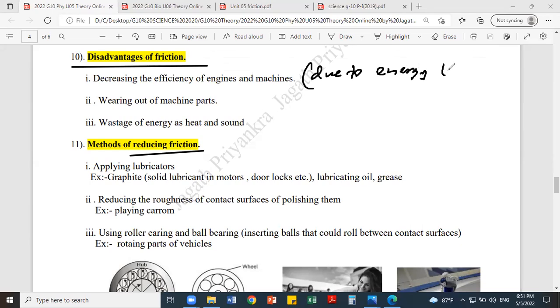I'll give one of the best examples. One of the best examples you can see is the vehicle engine.